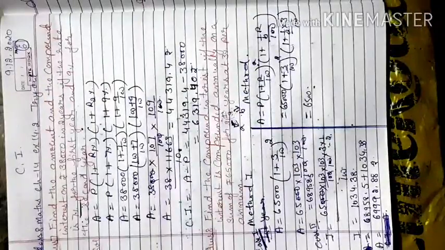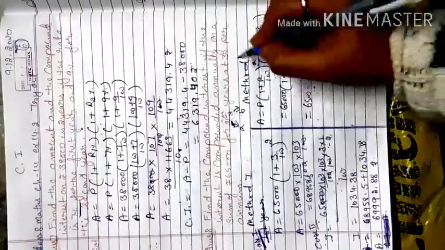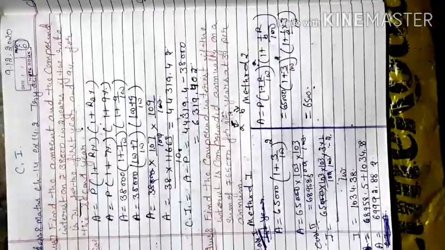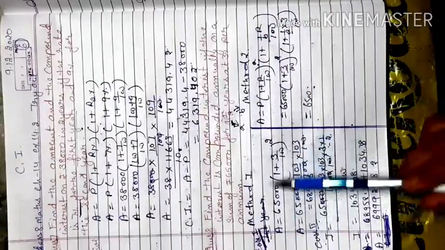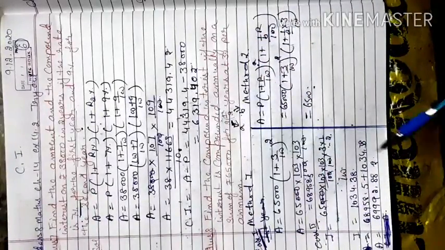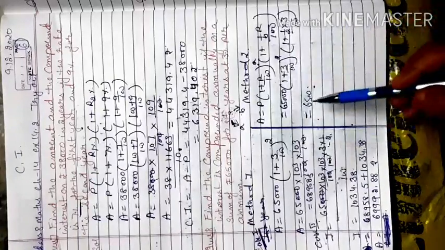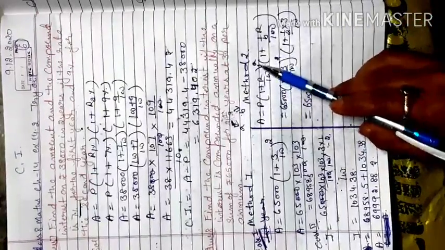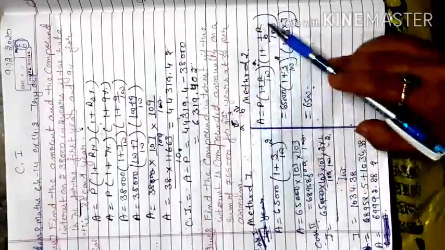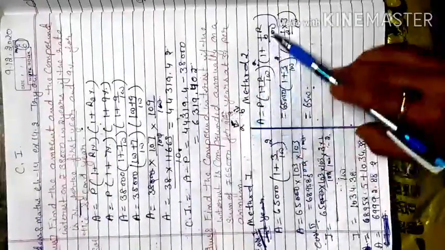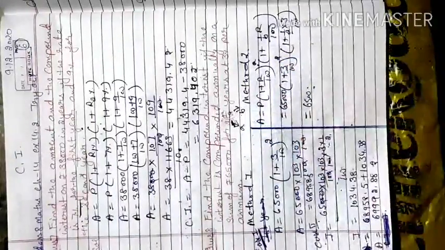Now we have to calculate through the second method. Method 2 means we are not going to find the amount, then add the interest, and then find the amount; instead of this we have the direct formula. Here A represents the complete years and 1 by B represents your incomplete year.